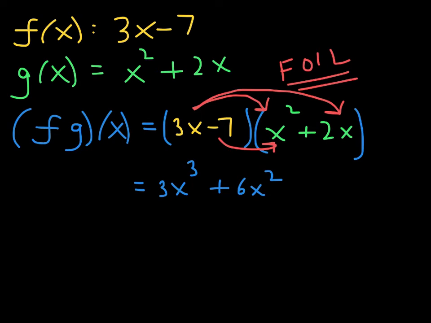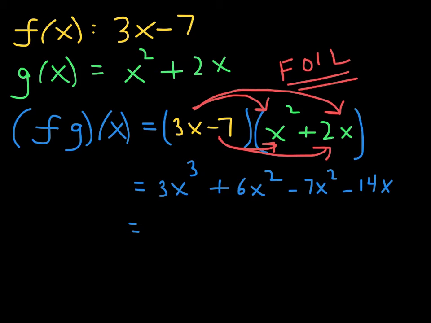So negative 7 times x squared and negative 7 times 2x, like that. So then we will get negative 7 times x squared is negative 7x squared. And then negative 7 times 2x will be negative 14x. Very good.